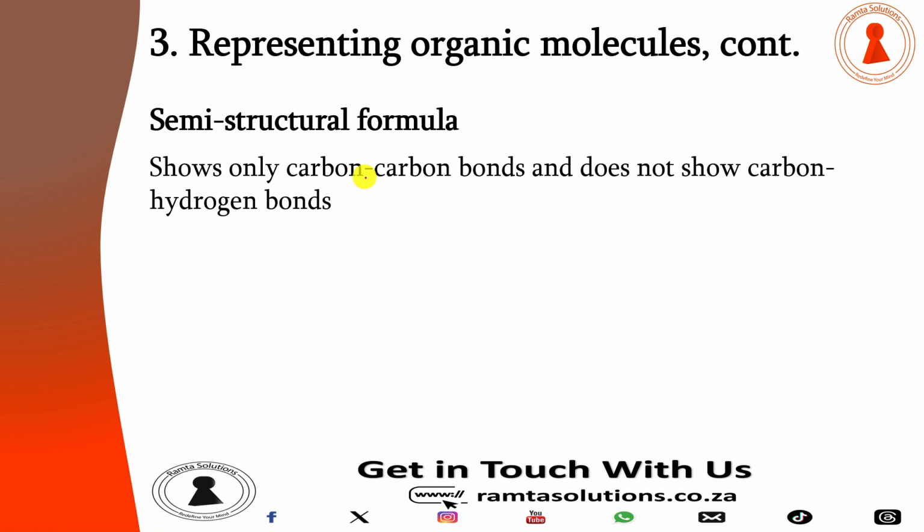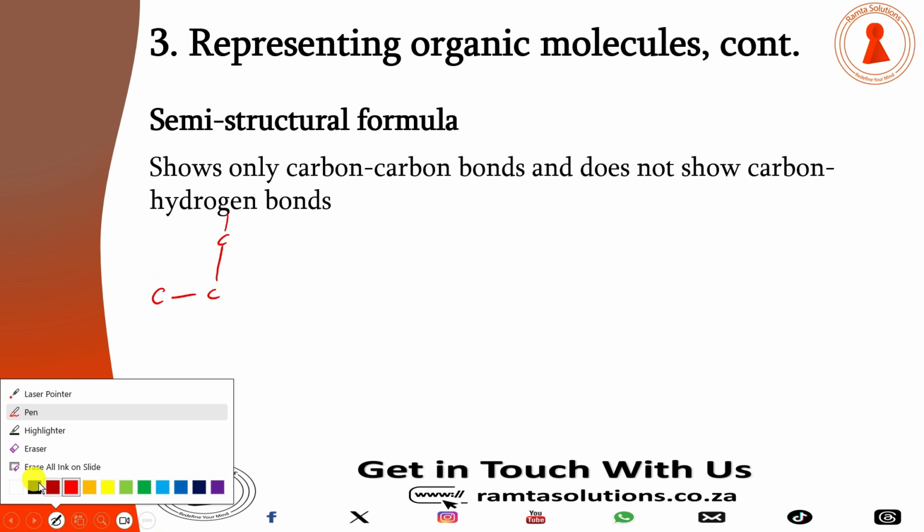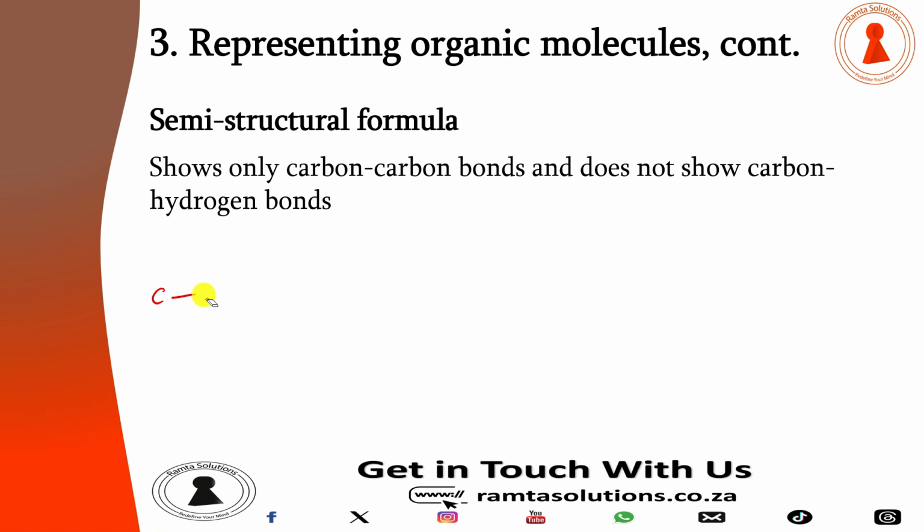Now let's go to the semi-structural formula. This shows only carbon-carbon bonds and does not show carbon-hydrogen bonds. Continuing with 2-methyl propane. Remember, let me show you the structural formula. If you remember, it was something like this. Oh, come on, buddy. I went too high.